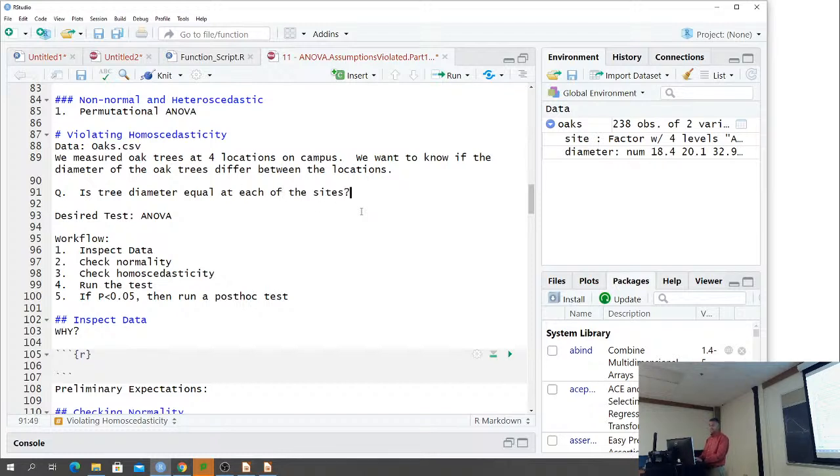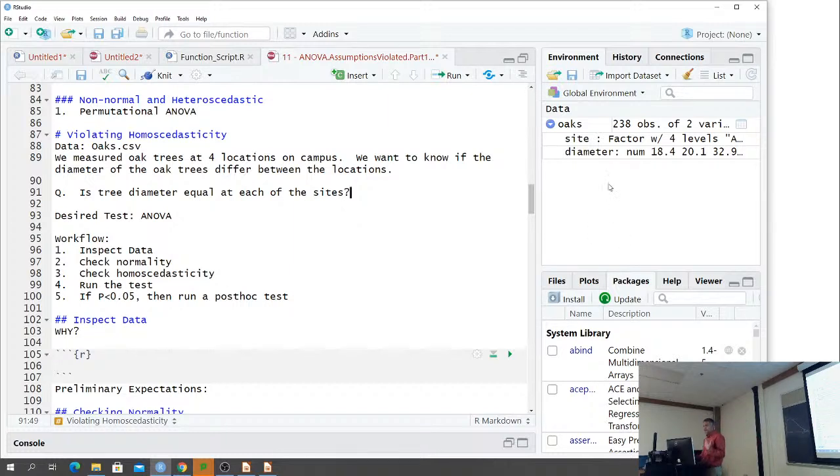That can work, right? Or we could say the site affects our tree diameter. Right now we don't necessarily have cause and effect, but it gets across the same idea. Does this independent variable have an effect on our dependent variable?